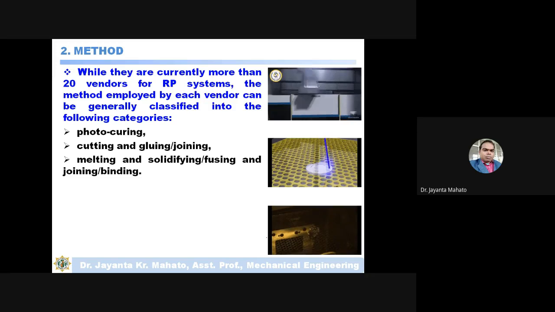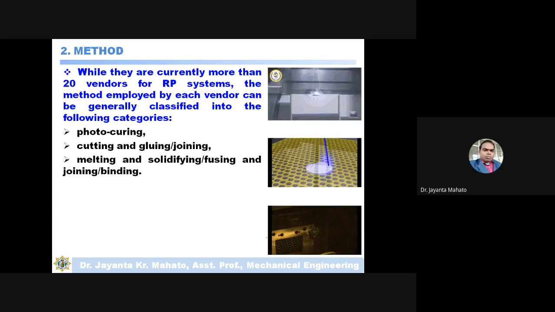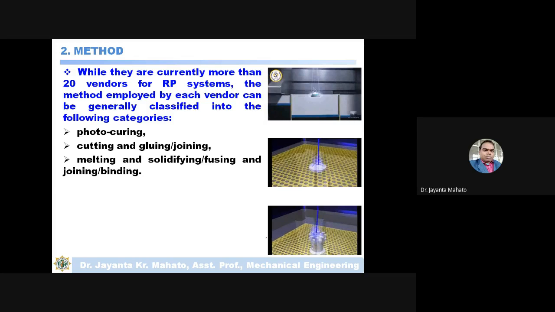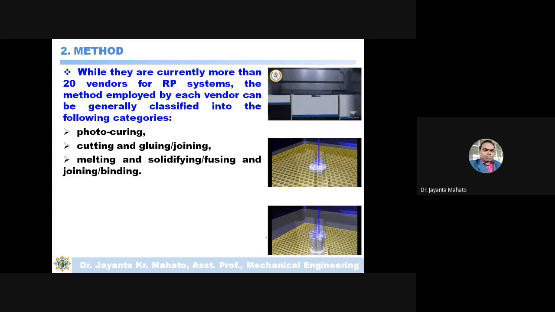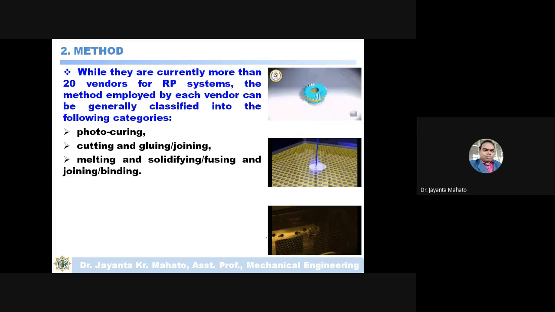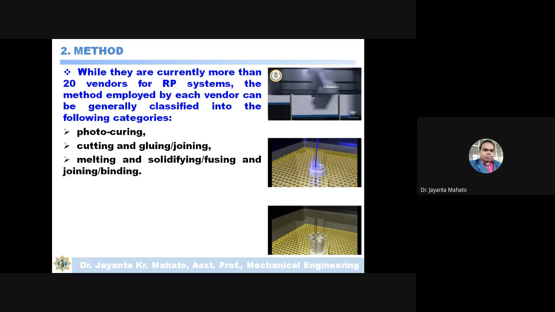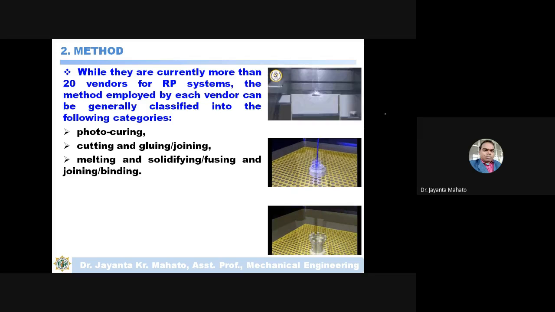So what type of machining is required? Suppose if you want to join two parts, then joining is required. Suppose you want to cut the product and make shapes according to the requirement, then cutting is required. So these are the categories of machining required.